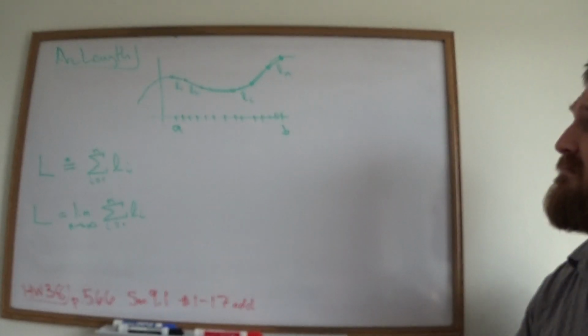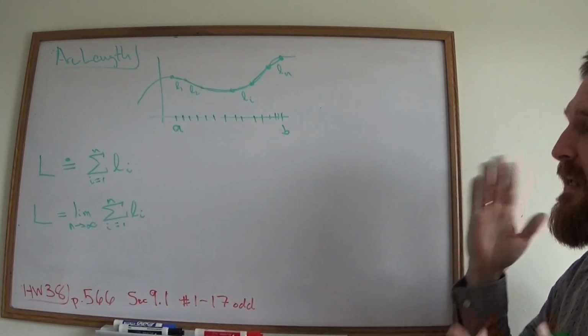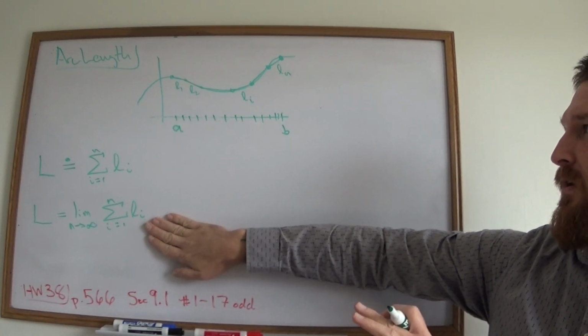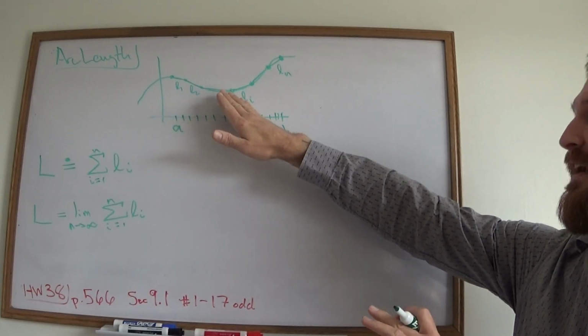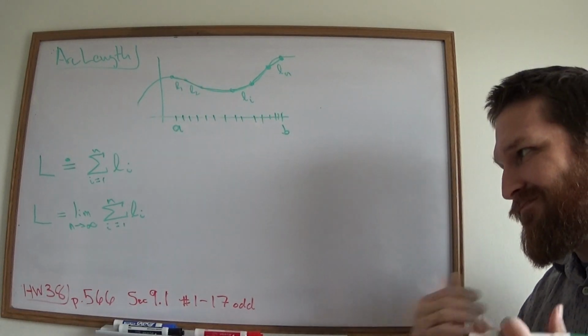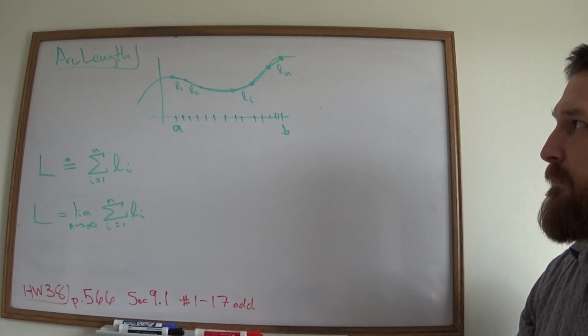Does that make sense? You guys believe it? This crazy definition that I just wrote down actually conforms to what we think of as the length of a curve, right? Okay, so let's calculate what this would actually be.